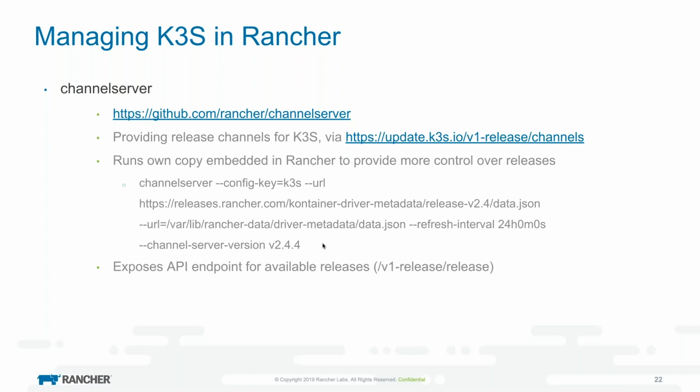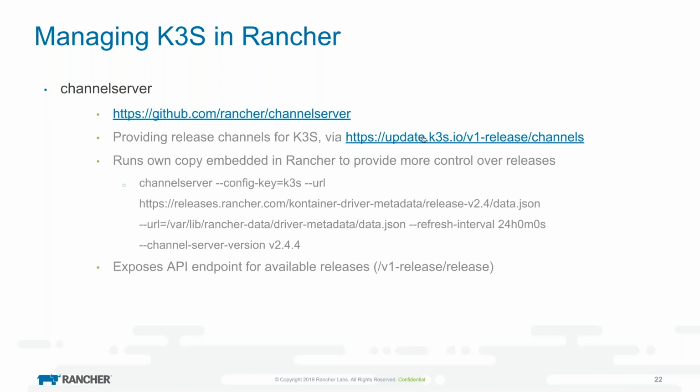So what happens if in Rancher we have imported a K3s cluster, it is recognized, we can edit it, we can upgrade it. When we upgrade that cluster, the available versions will be coming from the channel server, right? So the versions that we get presented to upgrade the cluster in Rancher are retrieved from the channel server embedded in Rancher.